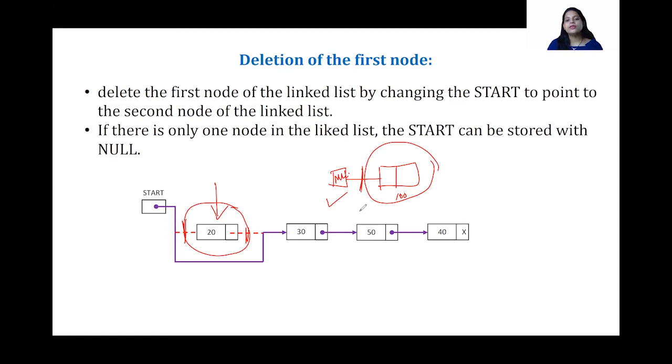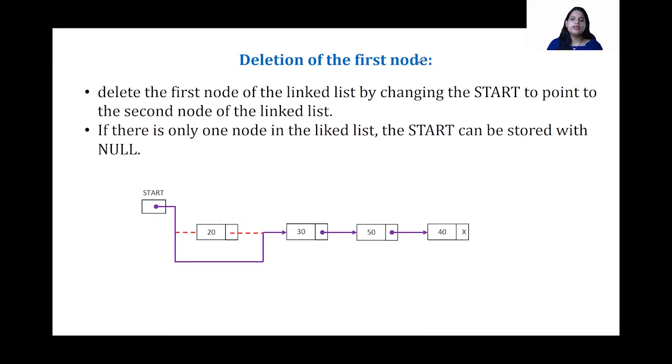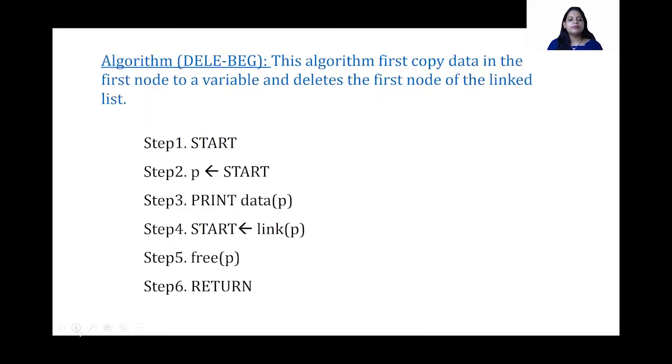Hence, since the only node is left, this is going to become an empty linked list, right? So let us see the algorithm. So the algorithm looks something like this. So this algorithm is called delete beginning. This algorithm first copies the data in the first node to a variable and deletes the first node of the linked list.